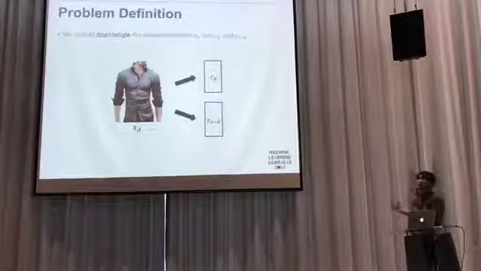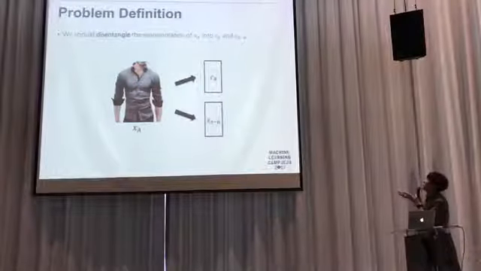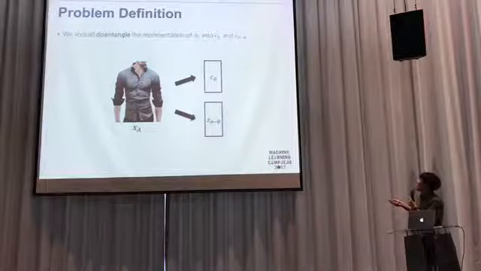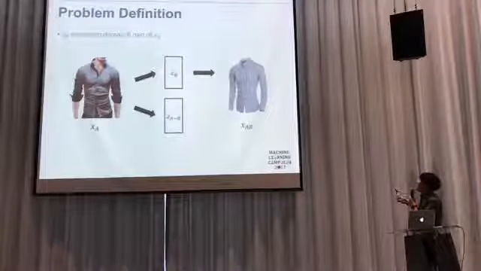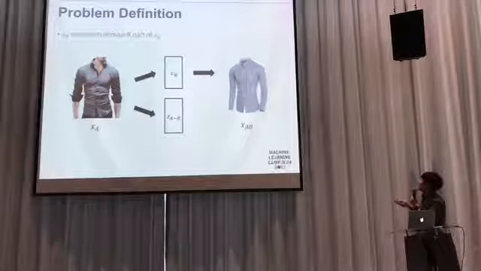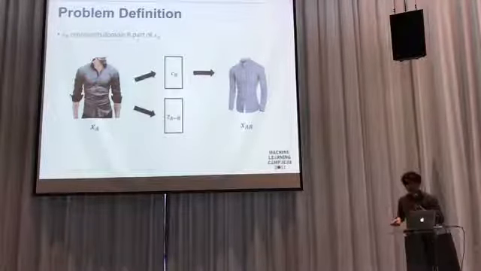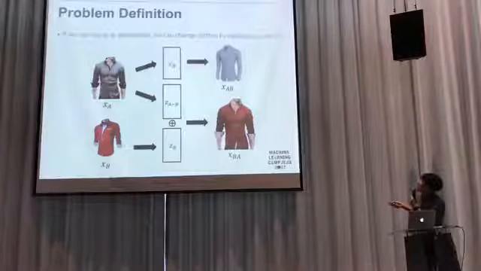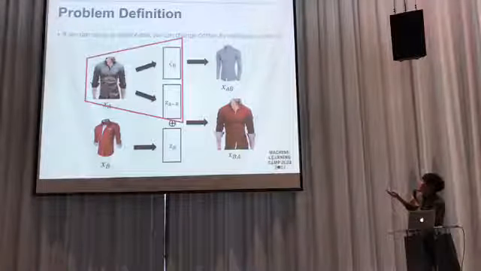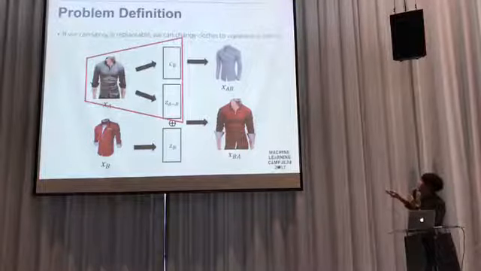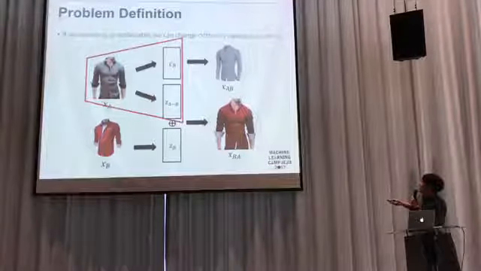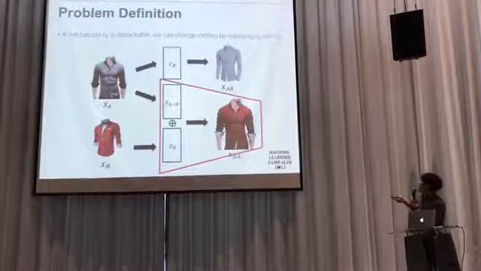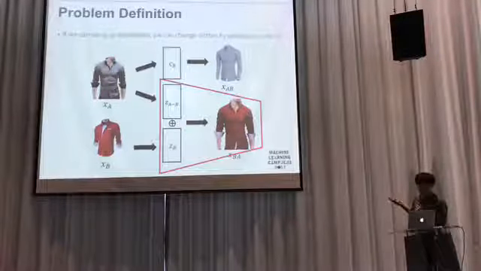I want to disentangle the representation of XA into CB and GA minus B. CB represents the clothes part, and GA minus B represents the rest of the image. We can say CB is replaceable: if we replace CB with GB, a new image can be generated, I think. I want to implement this.